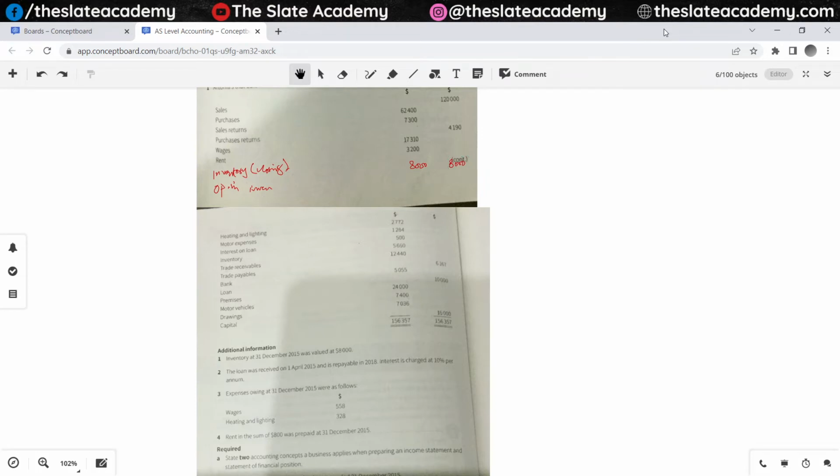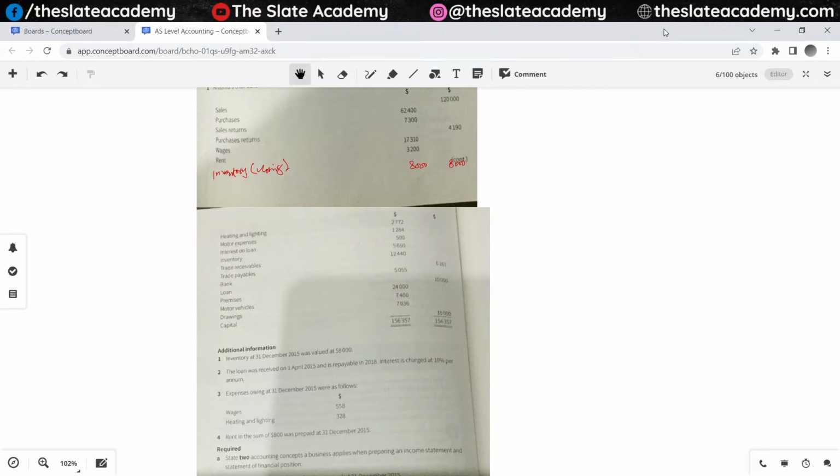Okay. Then the next piece of additional information says the loan was received 1 April 2015, repayable 2018, interest is charged 10% per annum.